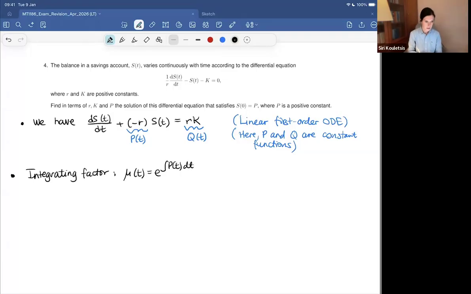P of t is minus r. So integrated, that's minus rt. So that's our integrating factor.